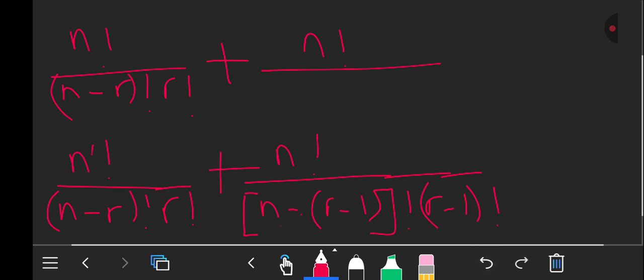This implies that we distribute the negative sign. So it will be n, negative r, and negative multiplied by negative is positive, so it will be plus 1, factorial, then we have r minus 1 factorial.